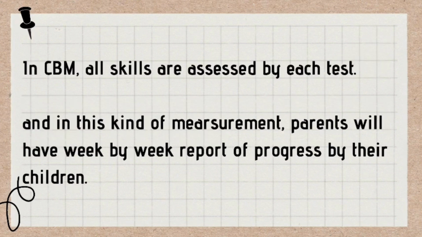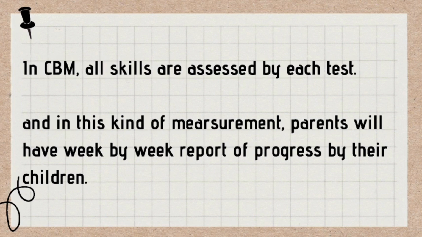In CBM, all skills are assessed by each test. For example, a teacher will sit down with one student who will read two or three selected passages aloud for 1 minute each. The teacher will record any errors that occurred while reading the passages.